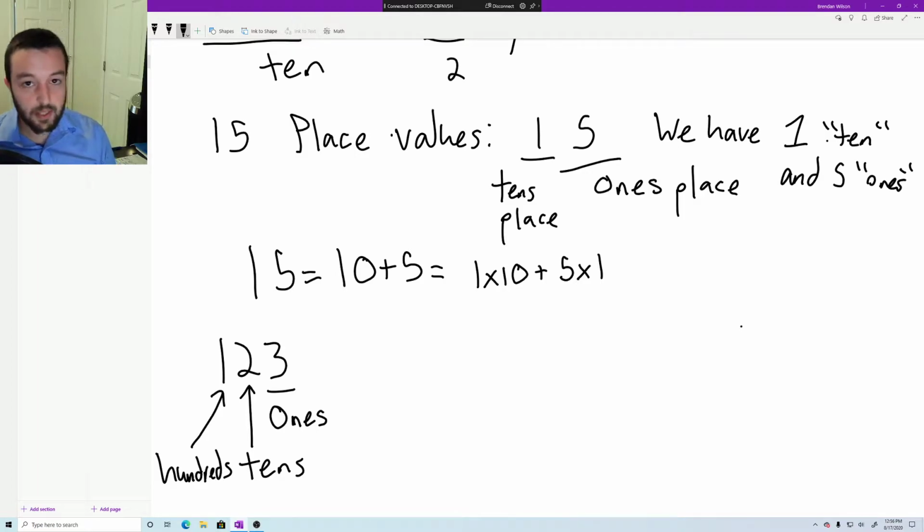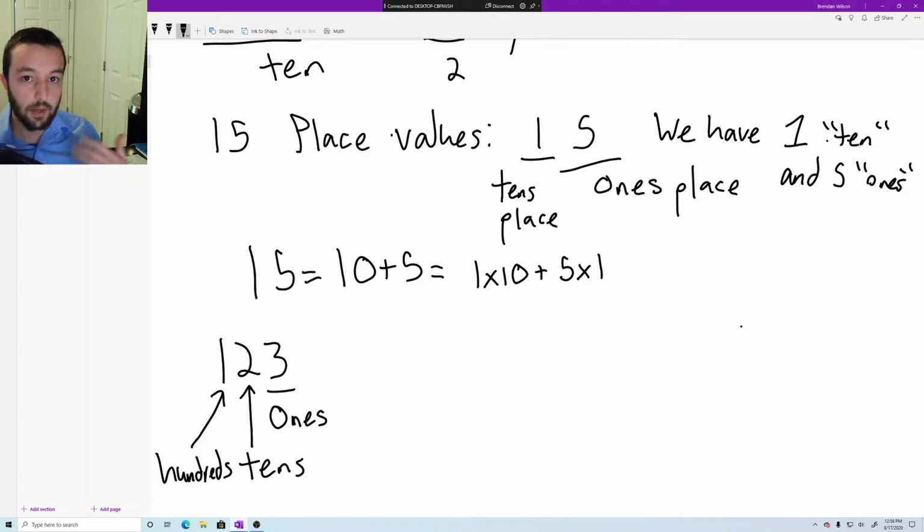Like I said, once we get to 100, we start using the hundreds place because we have 10 digits. When we have 2 places for them, there's only so many combinations we can make. Once we run out of all the possible combinations, we have to add on a third place so that we can make more combinations. Then we use up all of those, and once we get to 1,000, we run out. So now we need to add another place, which would be the thousands place.